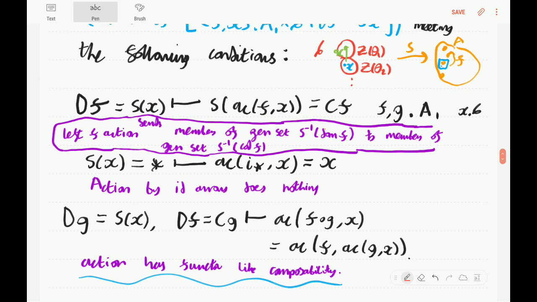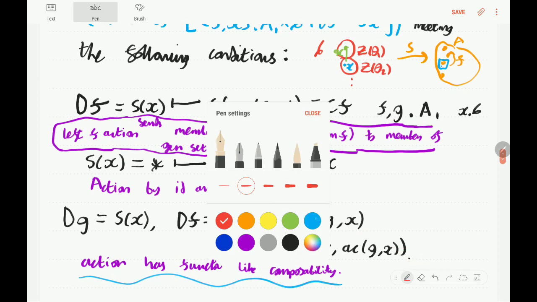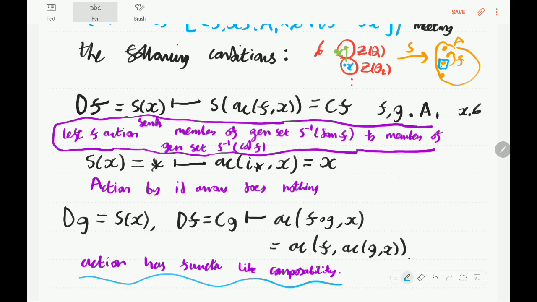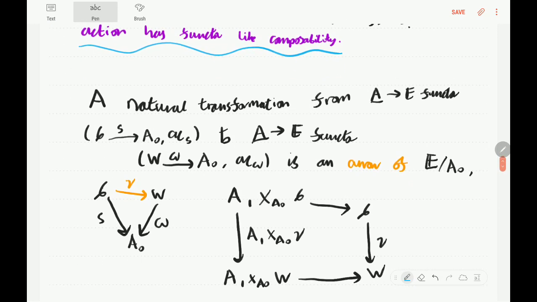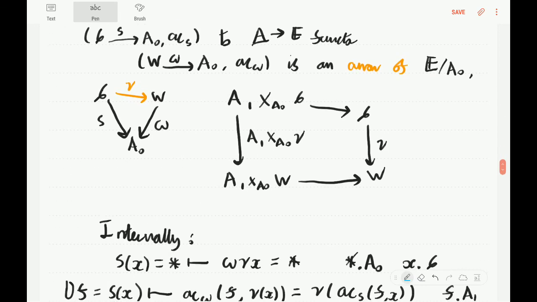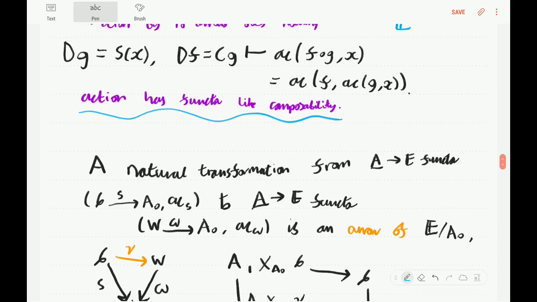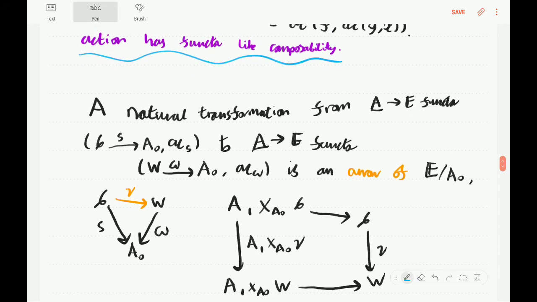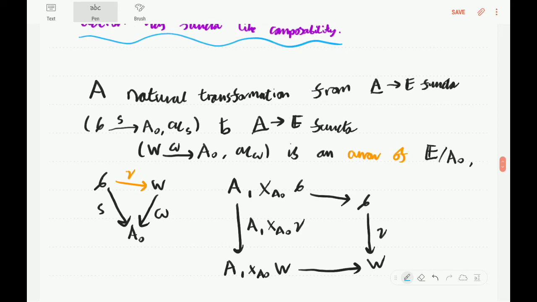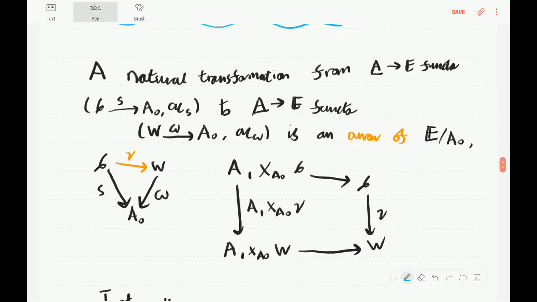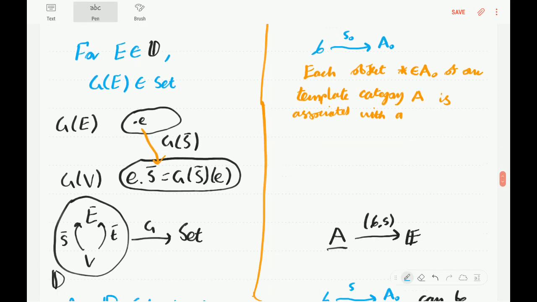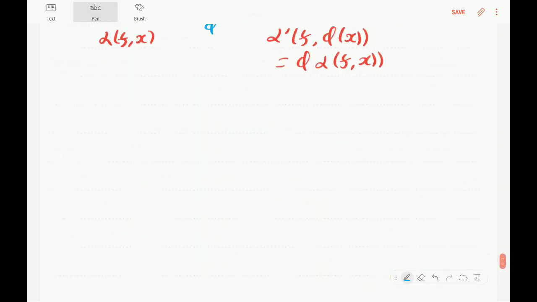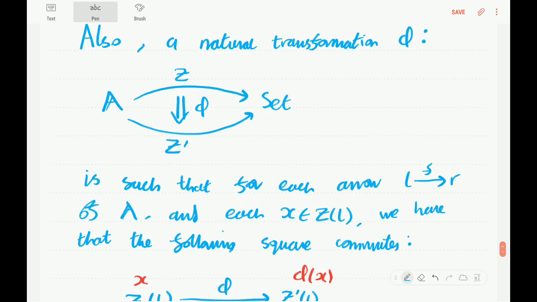So these kind of functors basically constitute the objects of this category E to the A that we're trying to cook up. What about the arrows? Well, they're going to be natural transformations. So firstly, let's just recall how natural transformations can be described in terms of arrows.